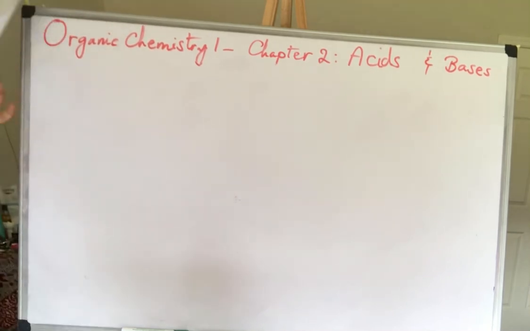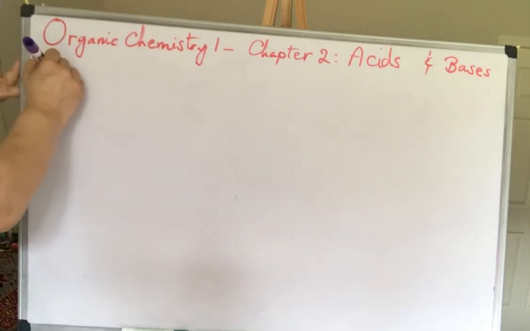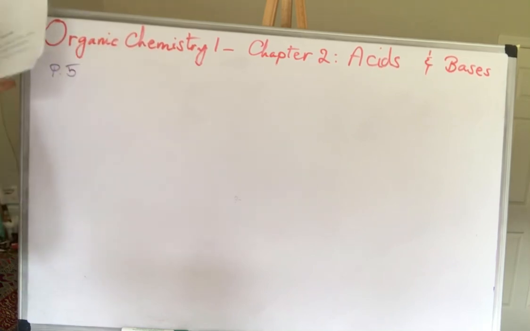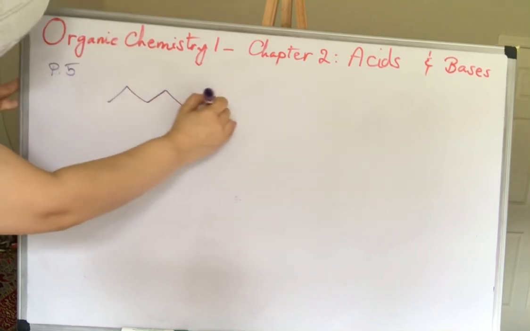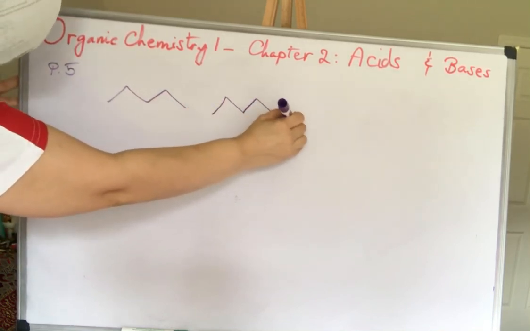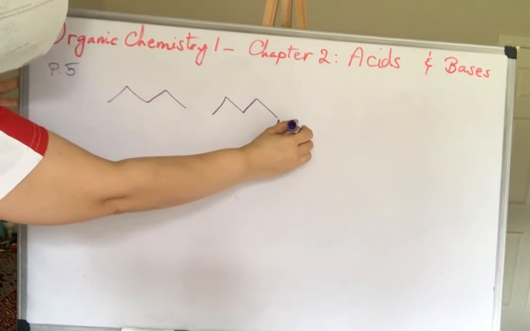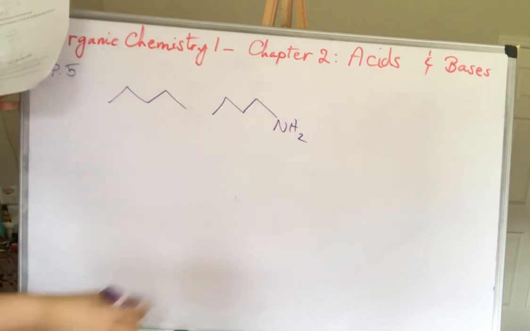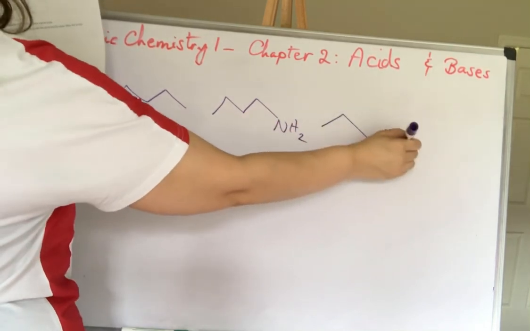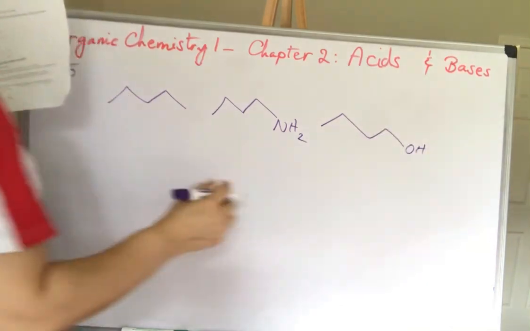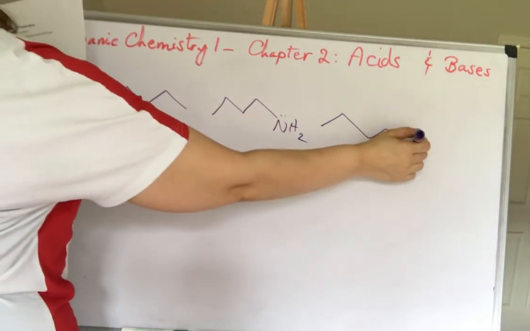Let's work on one of these problems given to you at the bottom of page 5. You are supposed to rank them in order of increasing acidity, from the least to the most. So what do we see here?